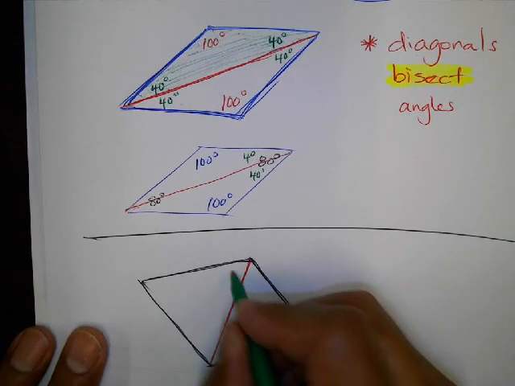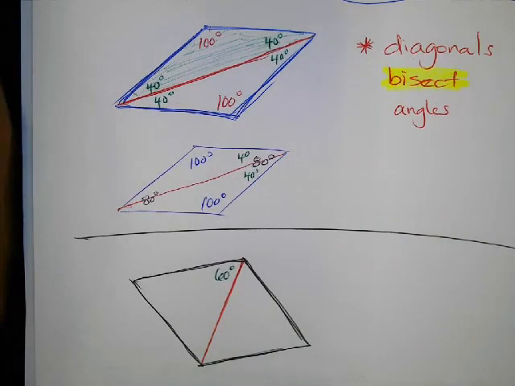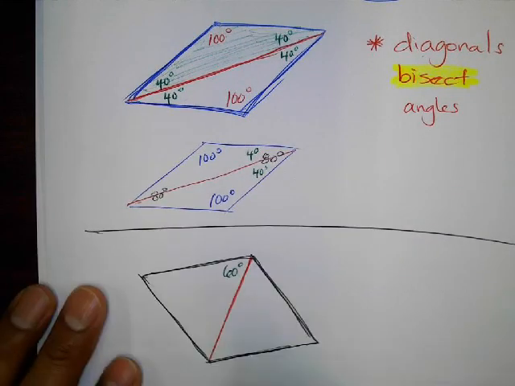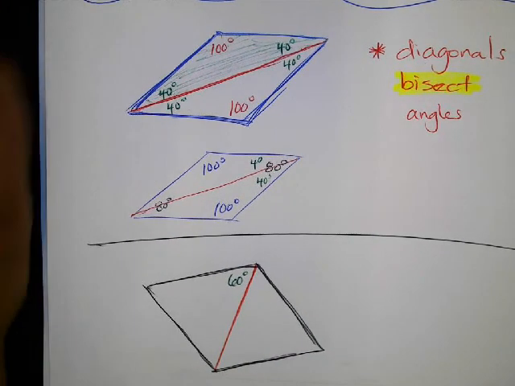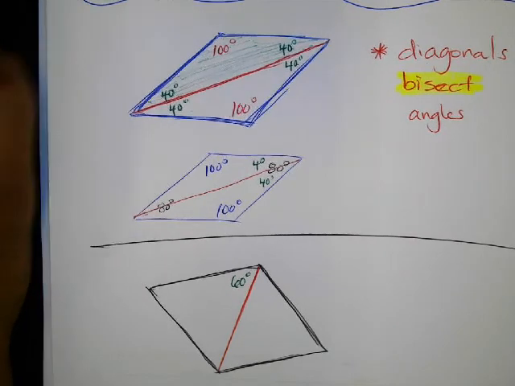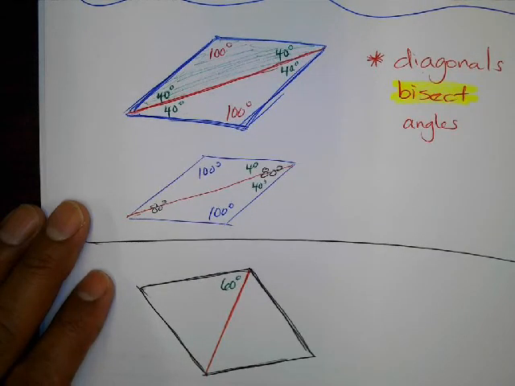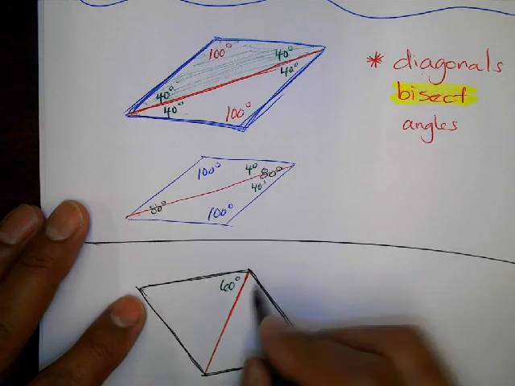But what if they give you a problem and instead of giving you this angle here, what if they give you this little small one here and I tell you this one's 60? And you're supposed to find like all the other ones, right? Let's say you got this and they're asking you to find all the other ones.